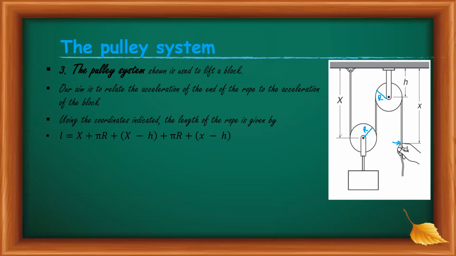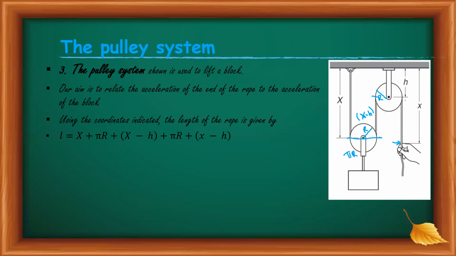Then this is the x distance. From this one to this point the distance must be equal to pi r. This distance is x and this distance is h, so this distance must be capital X minus h.